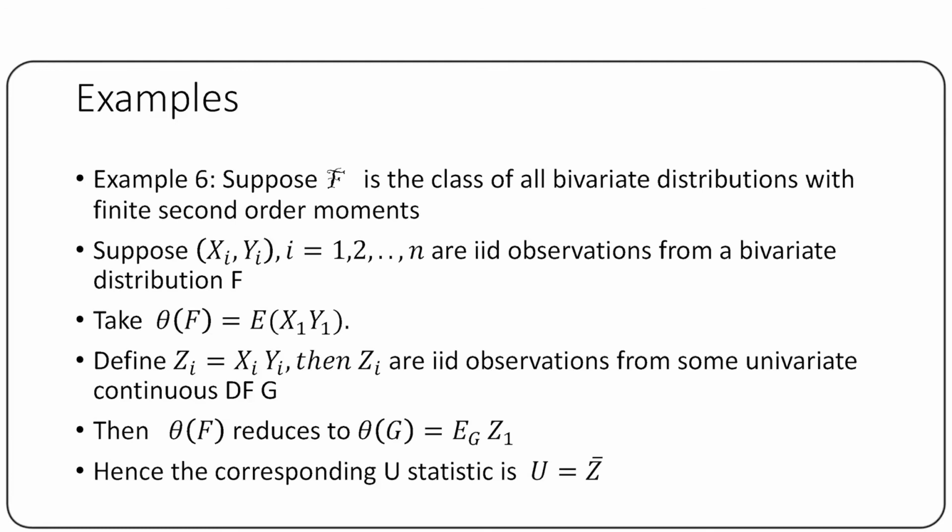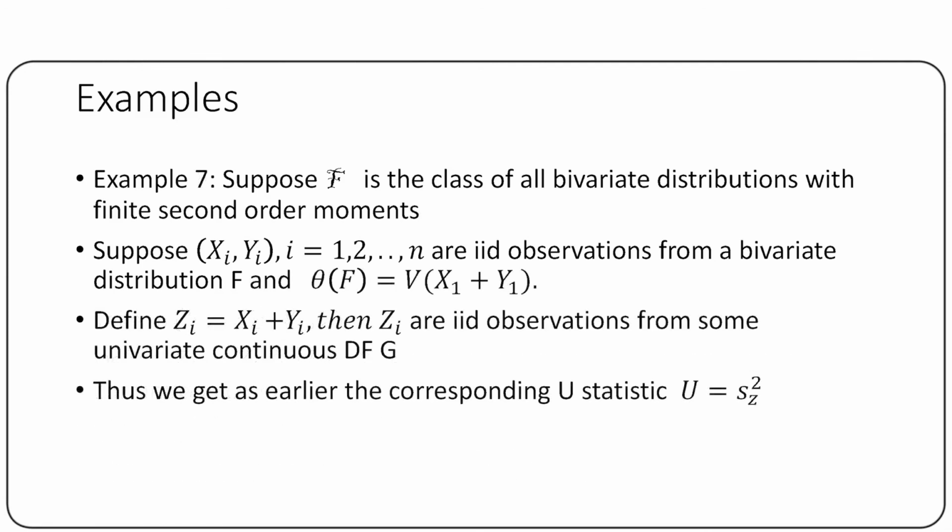Then the distribution of z will have first moment finite and the distribution will be continuous. With the introduction of the new variable z, the problem therefore reduces to the estimation of the expected value of z. From the already discussed examples, the U statistic is z bar, that is the average of xy values.